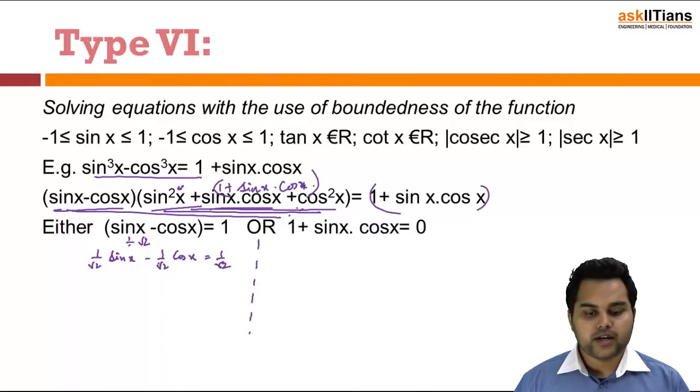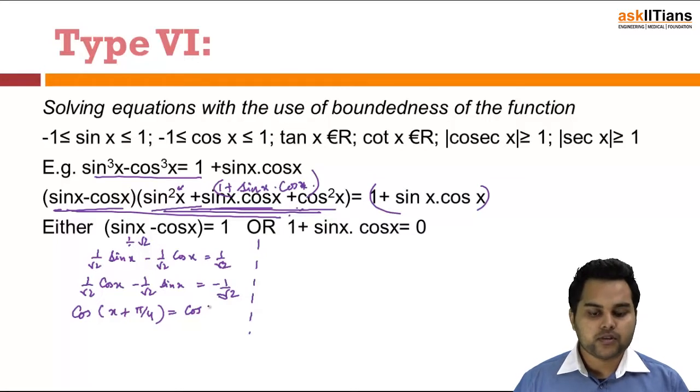I can write this as 1 by root 2 cos x minus 1 by root 2 sin x is equal to minus 1 by root 2. The left hand side would be of the form cos of (x plus pi by 4), and on the right hand side I will have cos of, as it's negative, the second quadrant, so pi minus pi by 4, that will be 3 pi by 4.